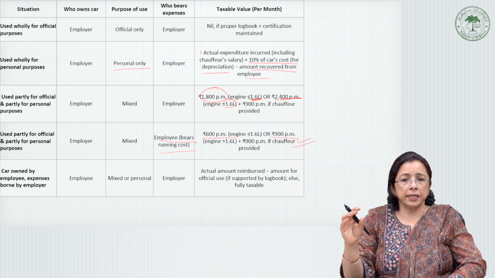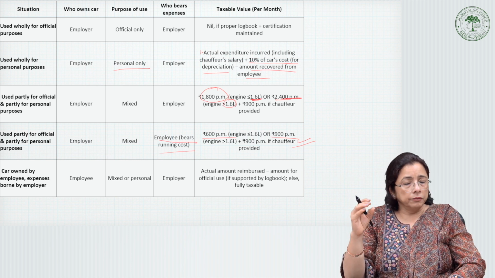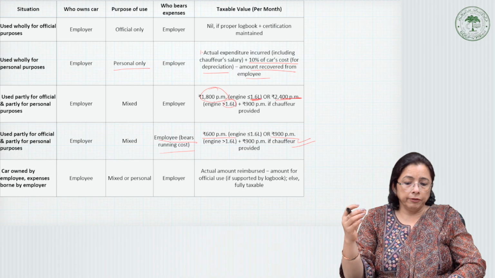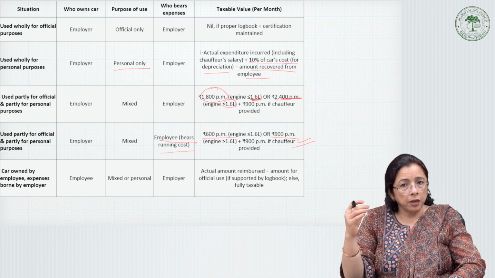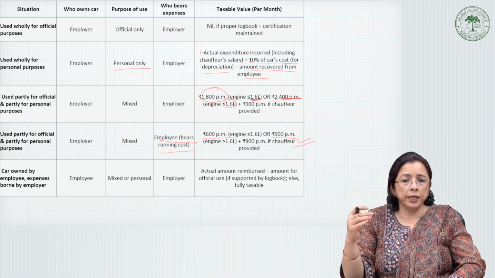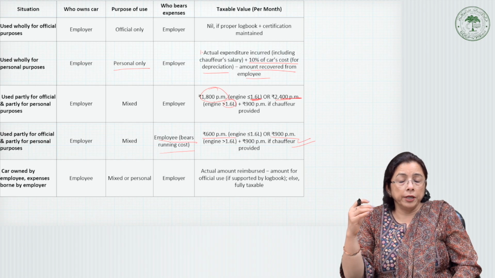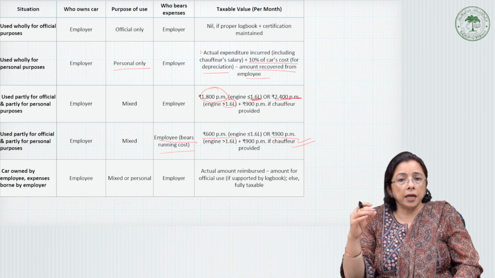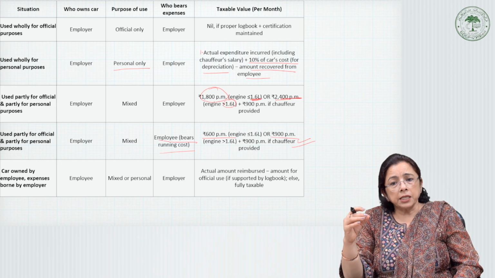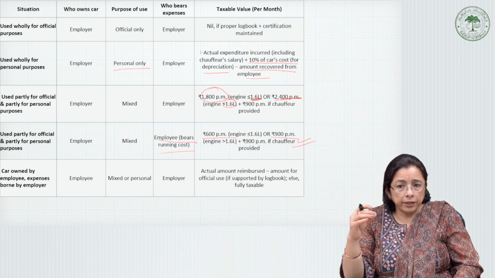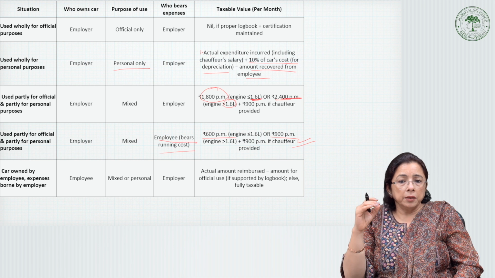In that case, we again decide accordingly whether the car is big or small. So in case of a small car, the value of perquisite will be the actual amount of expenditure incurred by the employer, less 1800 rupees per month plus 900 per month for the driver, if any, provided the prescribed conditions are satisfied.